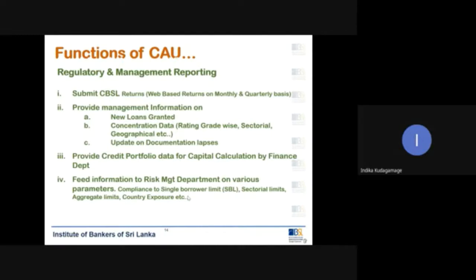Trade portfolio quality, because they have the information. But whenever the risk management unit wants information, CAU should provide. So the regulatory reporting part also has to happen. That is the fifth item under the first 5 items.